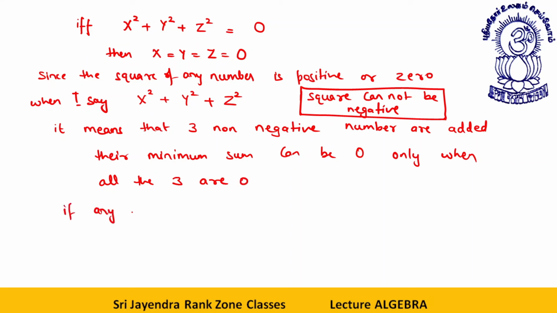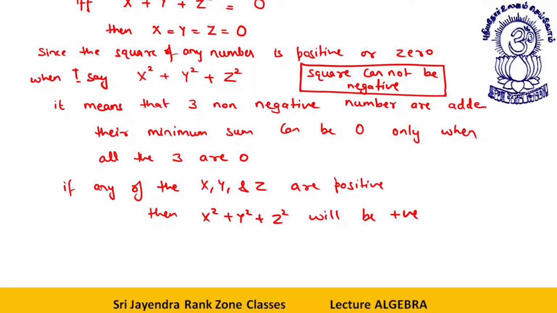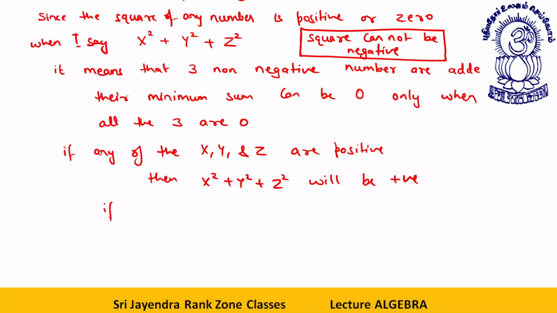If any of x, y, and z is positive, then x square plus y square plus z square will be positive. So what I want you to learn is, if this sum is zero, this is only possible when x is equal to 0, y is equal to 0, and z is equal to 0. This is the thing you need to keep in mind.